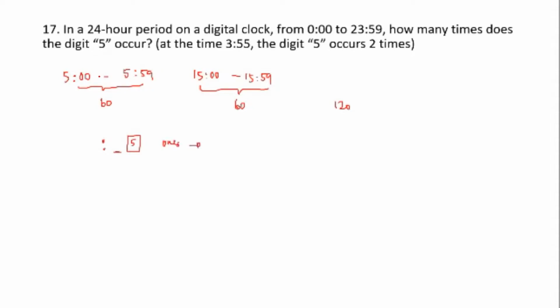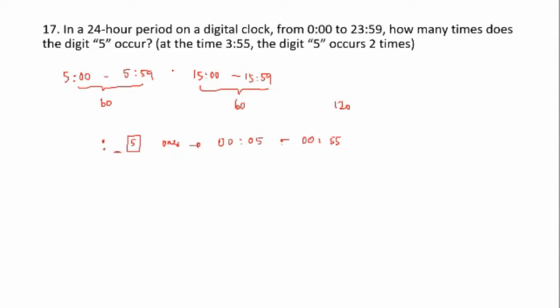How many times does 5 occur in every hour, so let's say 00:05 until 00:55, then we have 6 times the 5-digit appearing.